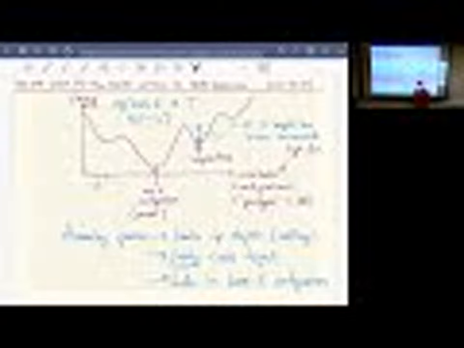So how do we make use of it as engineers? So there's the statistical interpretation of entropy being the maximum disordered configuration.